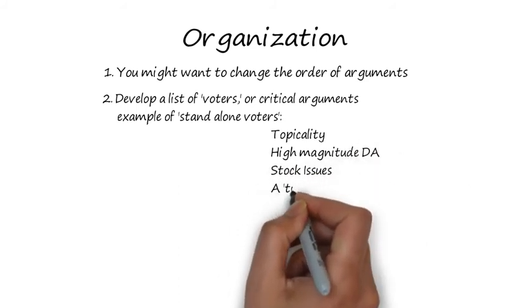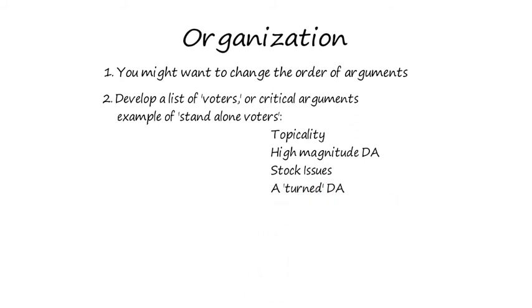These things are typical voting issues, and you can explain why you're winning those on a multitude of different levels. Even if you are on the affirmative, perhaps you have argued successfully to turn a disadvantage. That turn in and of itself can be a voter, and you can make that into its own issue. You could prioritize that as the most important issue in the round.